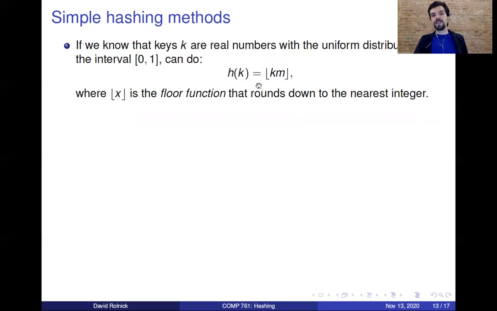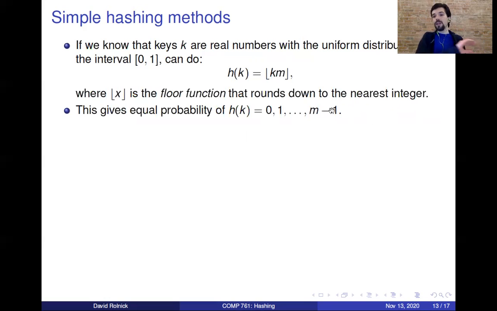So this is basically saying multiply by m and then round down. That will give you something from 0, 1, all the way up to m minus 1, with equal probability. It's basically breaking your interval into m equal pieces. And if you know that the keys are randomly distributed along this interval, then you're great.